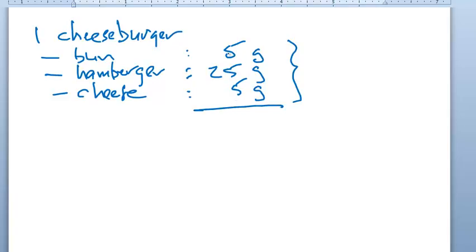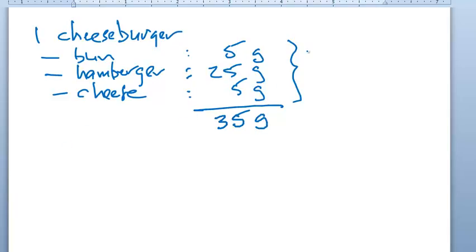Because intuitively, you know that if you're going to try to figure out what each of the three components is in terms of percent mass, we're going to have to add the total mass contributions from each of the three components. And so this would give us a total of 35 grams. That's our total.